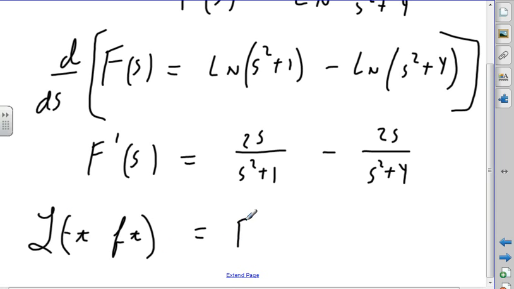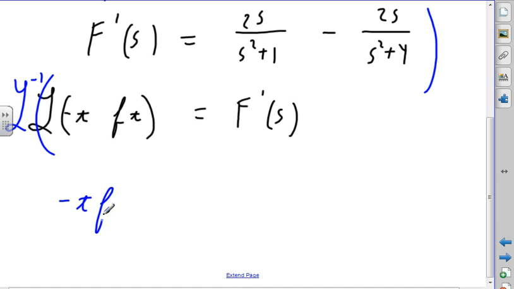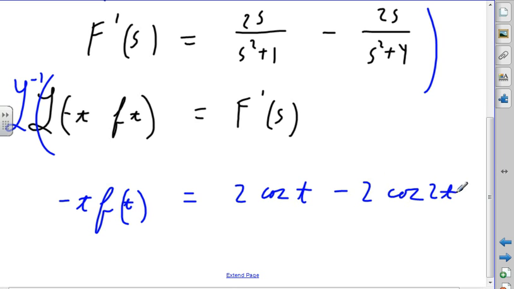So if I take the inverse Laplace transform of this whole thing, I'm going to have minus t f of t, I'm going to have 2 cosine t minus 2 cosine 2t.